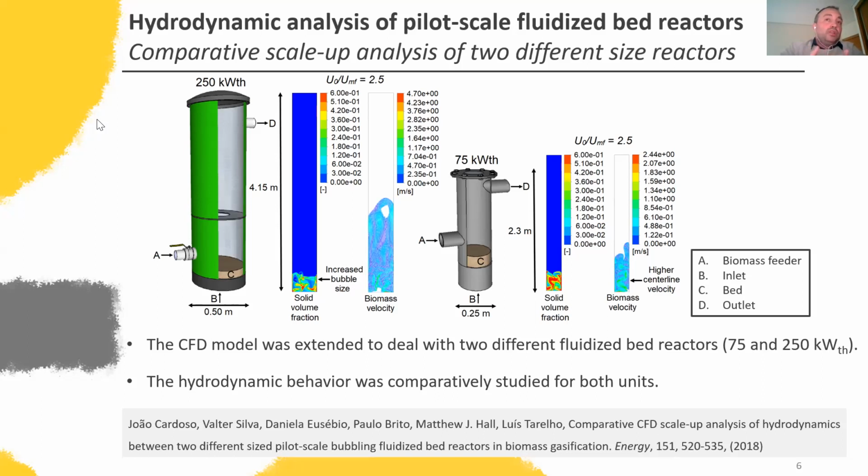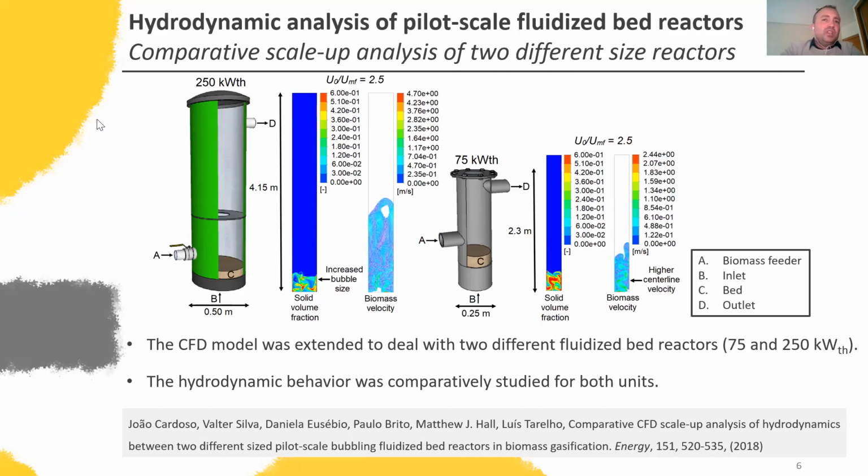And what we discovered, as expected, is that when we have a small reactor, the behavior of the particles is very different when we scale it up. So we had to do this kind of simulation for different sized reactors to understand how we can model the industrial reactor that is in the range of megawatts.